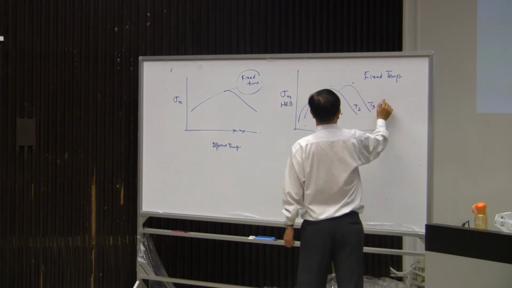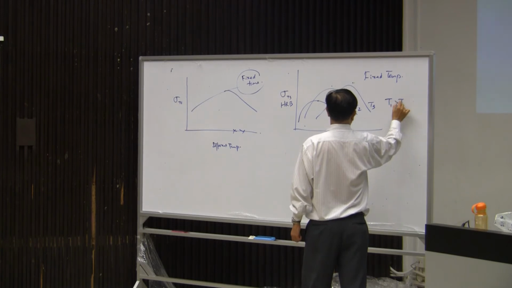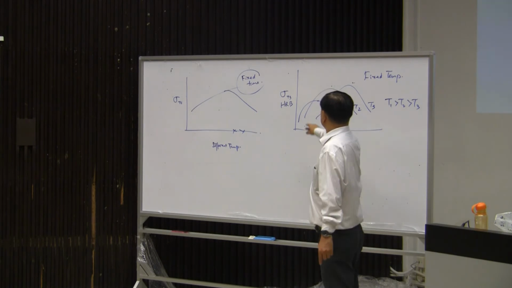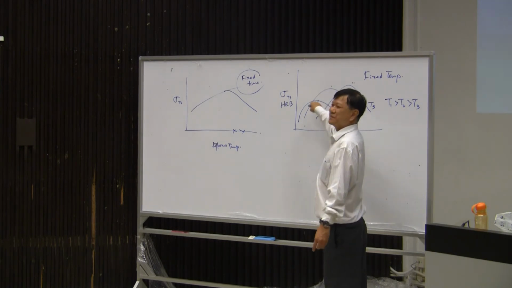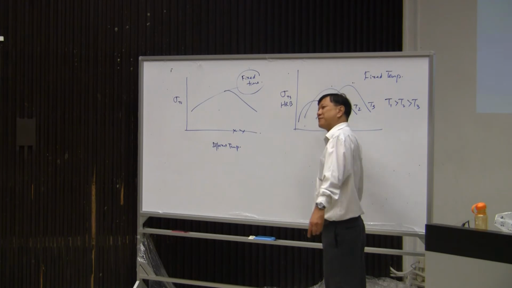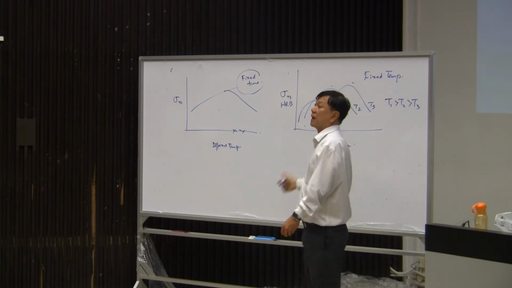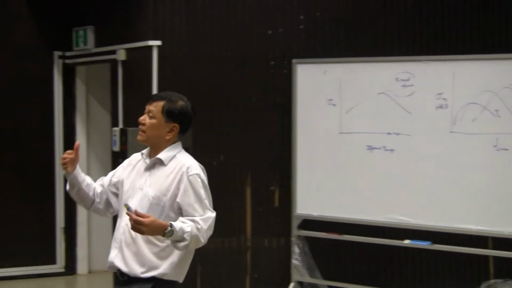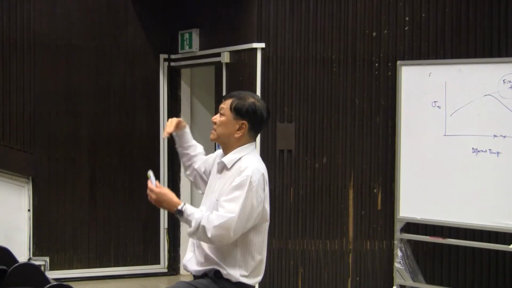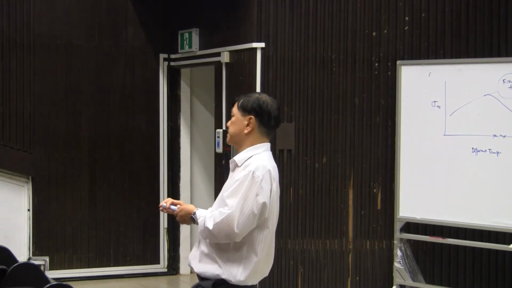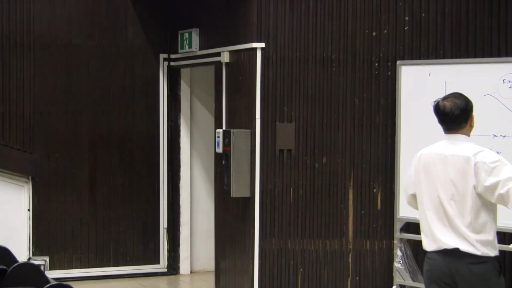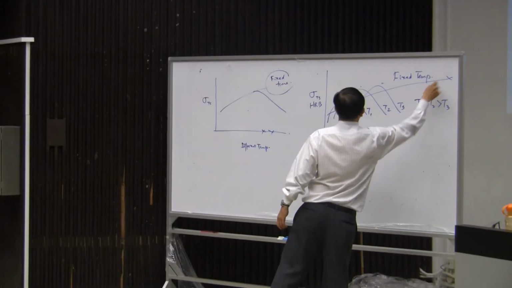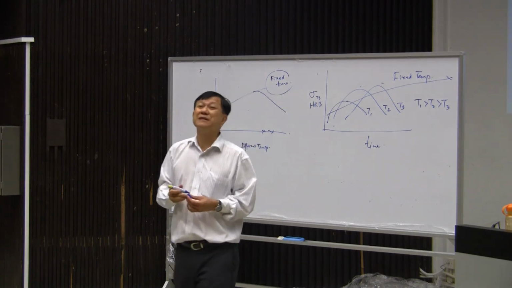Usually T1 is higher than T2, which is higher than T3. Very fast to maximum, but very fast to come down if your temperature is high. Then you can have natural aging. Natural aging will take a long time.